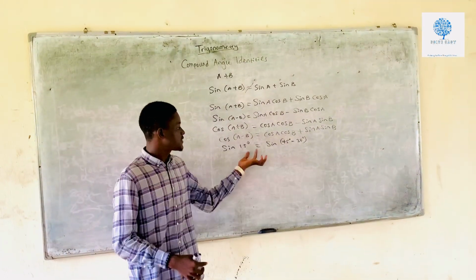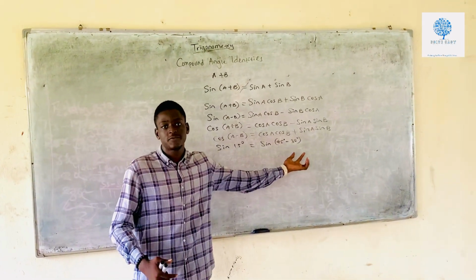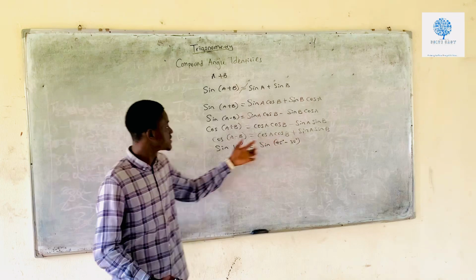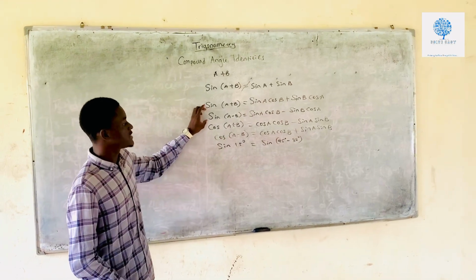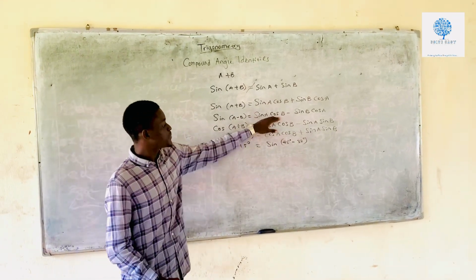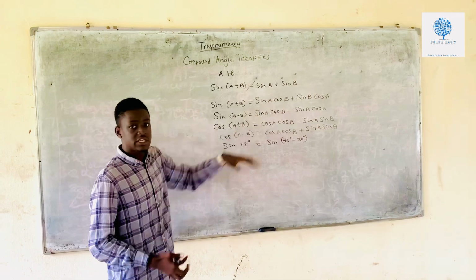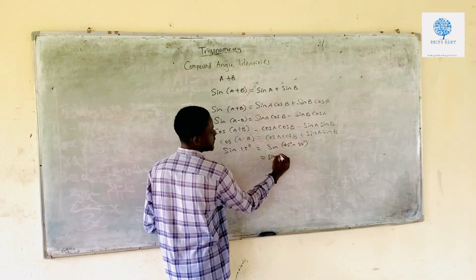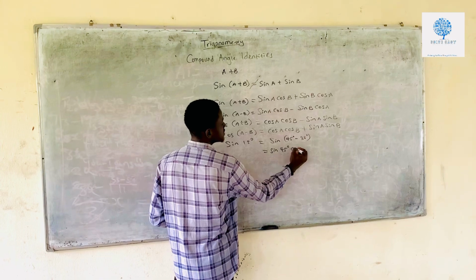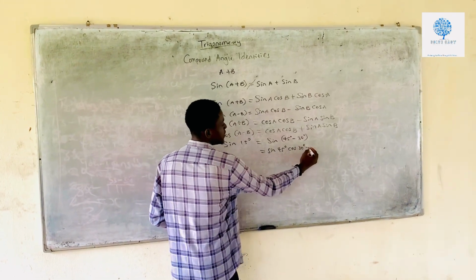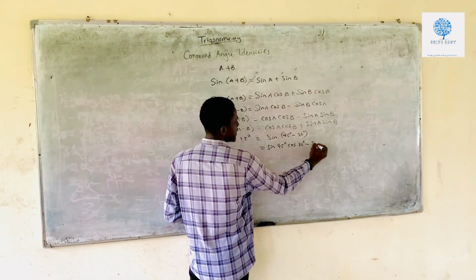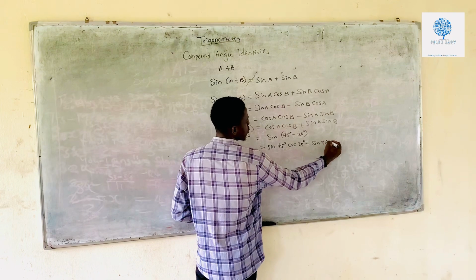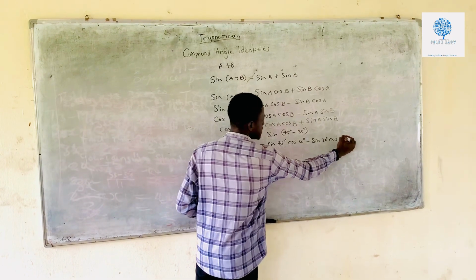So 15 degrees can be expressed as 45 degrees minus 30 degrees. Now, using this compound angle identity we have here, we will expand this the same way we did here. So this gives us sine 45 degrees cos 30 degrees minus sine 30 degrees cos 45 degrees.